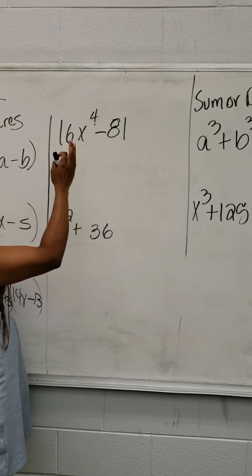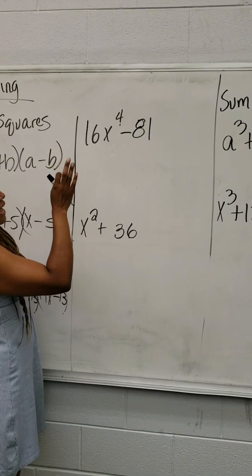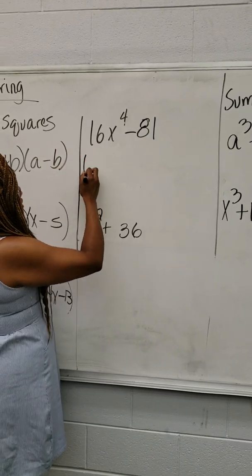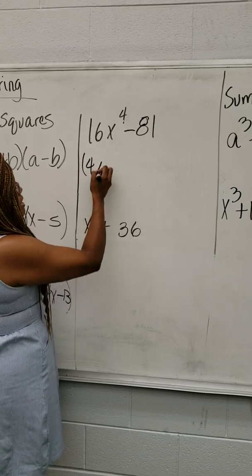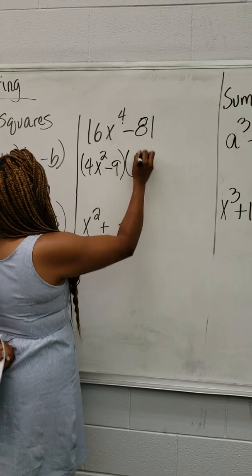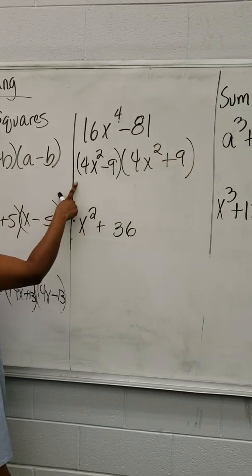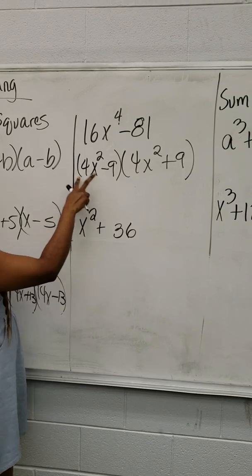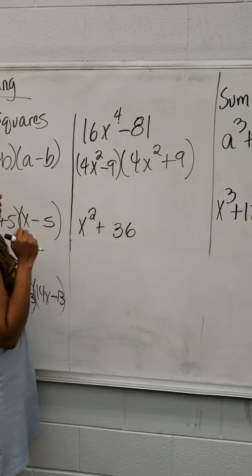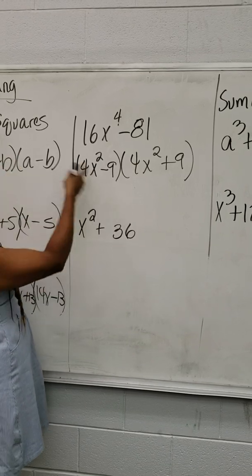Even if I do not use a squared, a fourth exponent is the same thing. So is 16 perfectly squared? Yes, for who? 4. But this would be 4x squared minus 9 and 4x squared plus 9. Now, if we look back at this, are these two binomials perfectly squared or differences of squares?